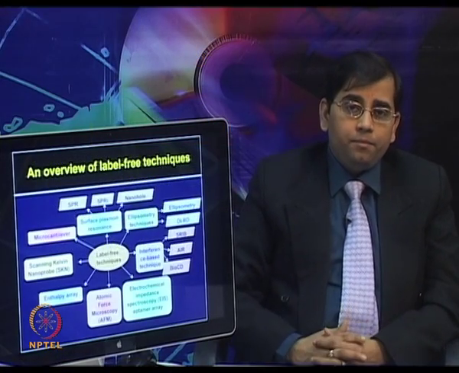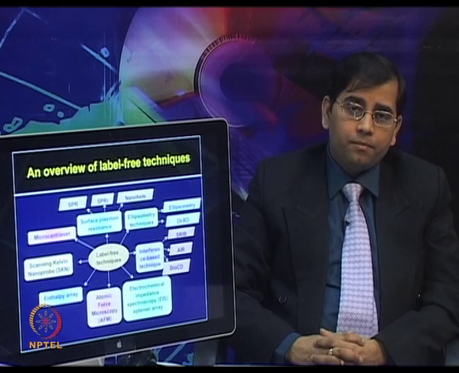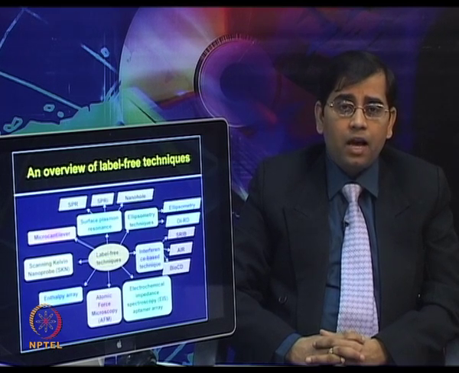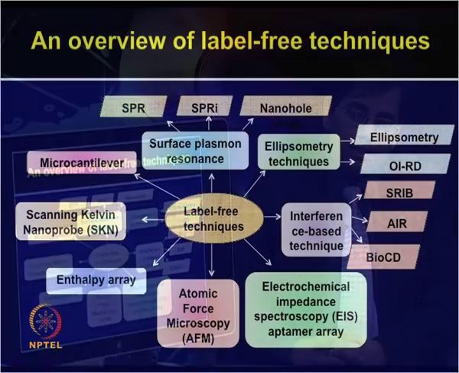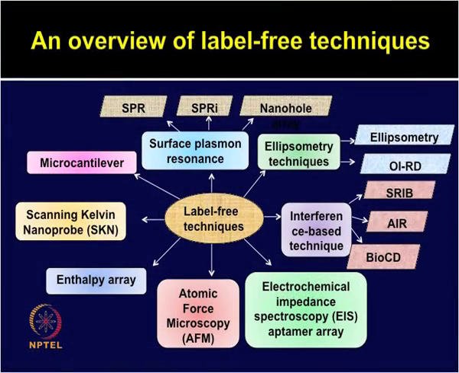So, there are many label free techniques. Let us have a look at the overview of these label free techniques. Many label free techniques are emerging rapidly as potential complement to the labeling methods.